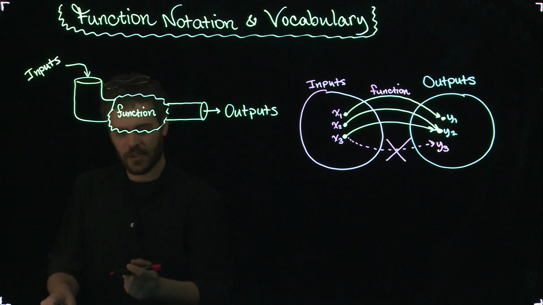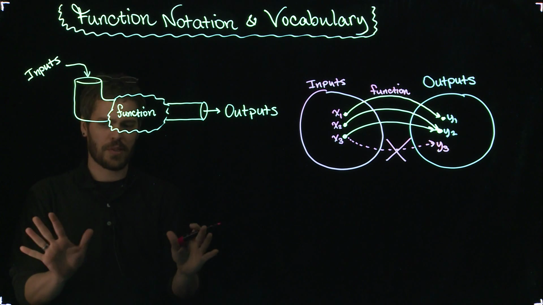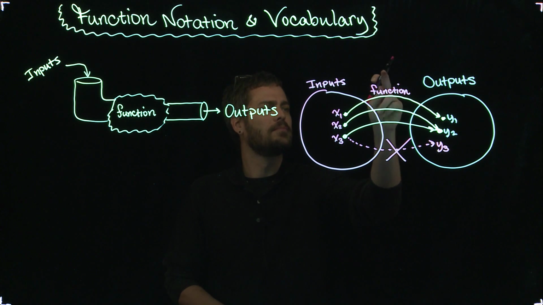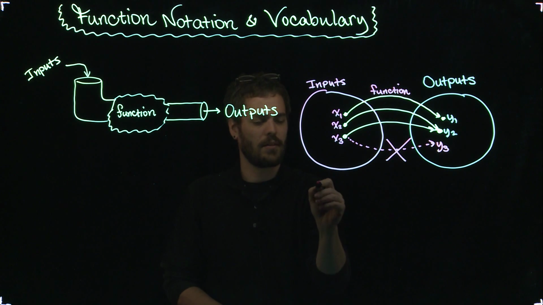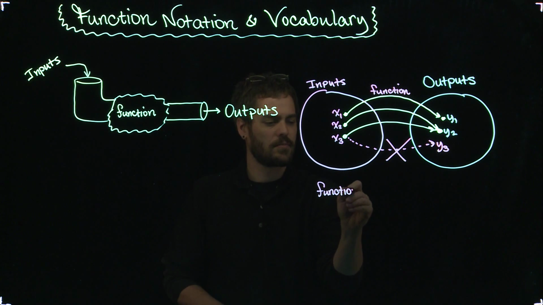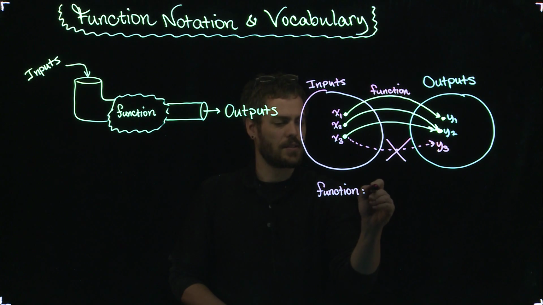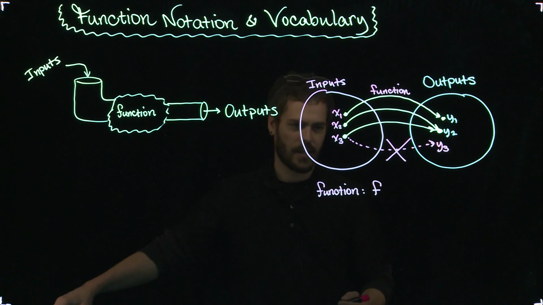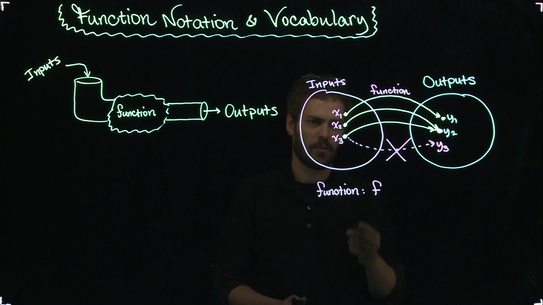Function notation usually uses the letter f, although it could be denoted by any letter. So let me say the function itself is denoted by f, although it could be many other letters. And let me try to get a little bit more specific with this diagram related to my x's and y's.